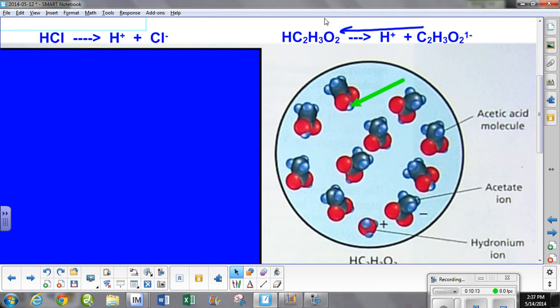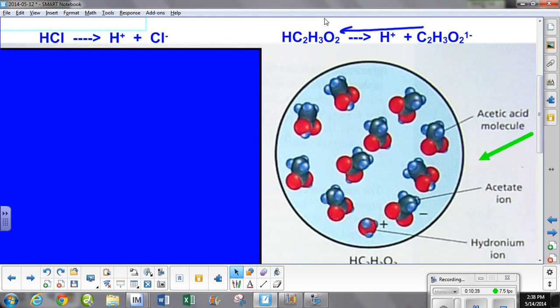You can see it here really well because the molecule is turned toward us. But each of these guys, except this one, has one of those hydrogens on it, which means that this is the only acetate in the water. This is one hydronium ion, and that's the only one in the whole group.